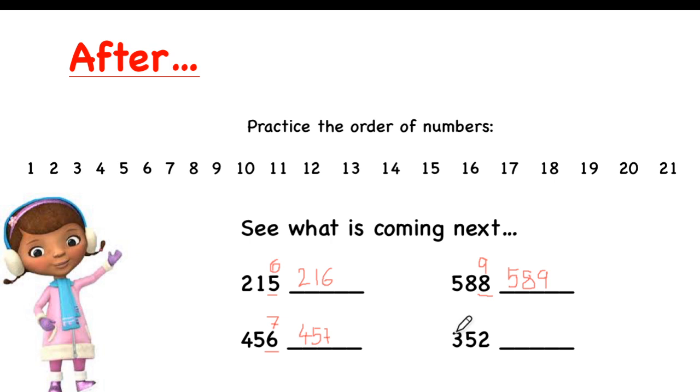One more time, 352. If I want to find the number that is after, I will look at the ones digit and add plus 1. 2 plus 1 equals 3. So the answer will be 353.